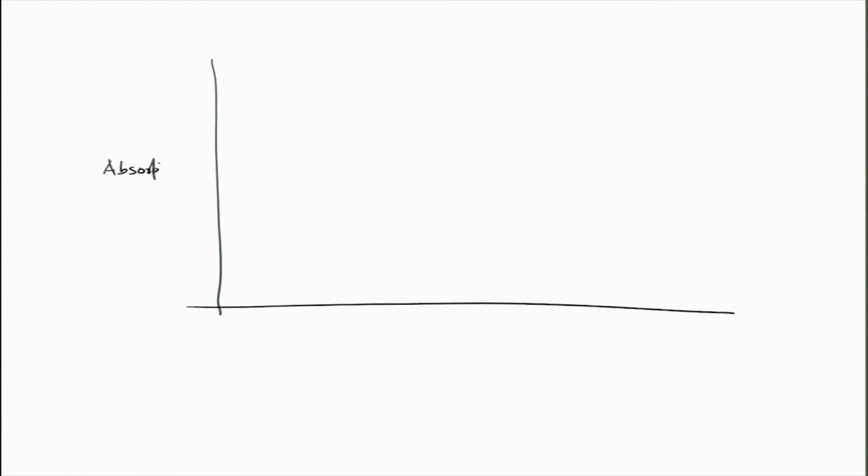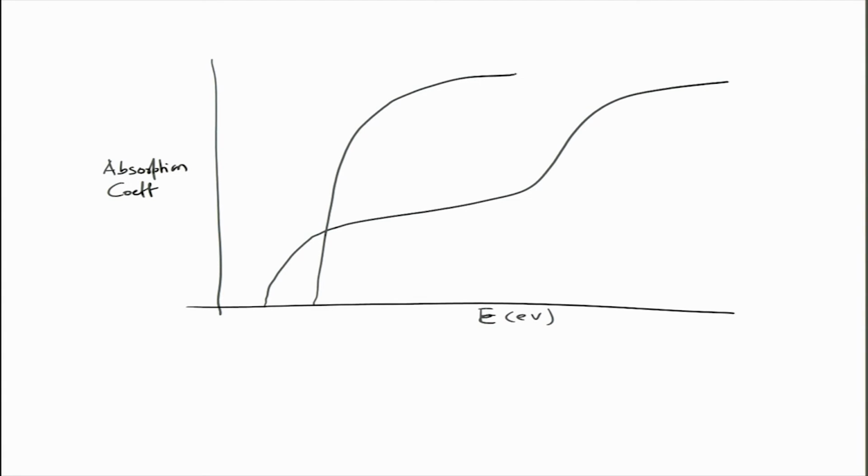And as I told you earlier also, in the commercial semiconductors, what is important? The absorption coefficient. So, if we plot the absorption coefficient as a function of energy, silicon has a band gap of 1.1. Silicon is an indirect band gap semiconductor, it shows a behavior something like this, whereas gallium arsenide has a band gap of 1.41. This shows a much higher absorption coefficient as compared to silicon. So, this would be gallium arsenide and this would be silicon.